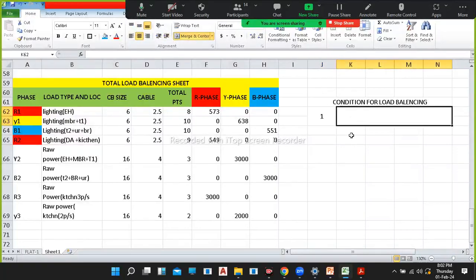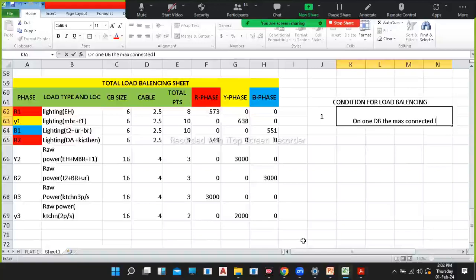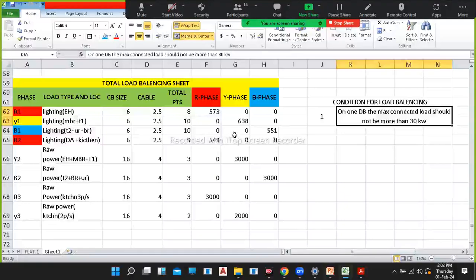What is the standard saying is, on 1 DB the maximum connected load should not be more than 30 kilowatt. This is the first condition that we need to follow.